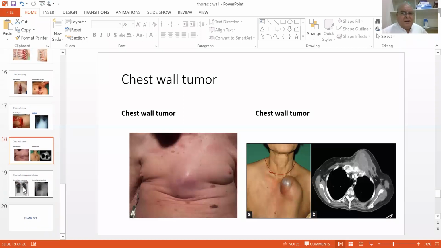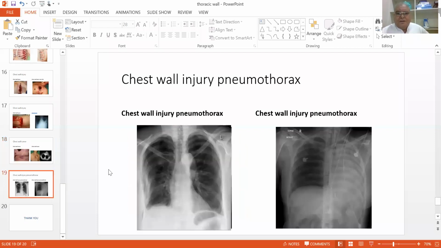I was telling you, this is the darker part, and here you can see this is whitish. So this is the normal, and this is the chest wall injury, and this you can see is muffled, this is hazy.